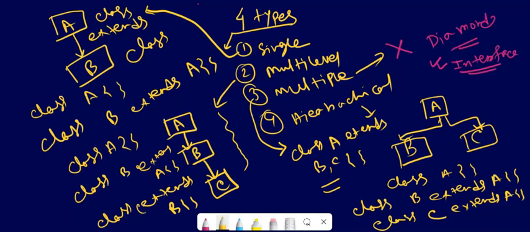If it does, Java will throw a compilation error, because Java doesn't support multiple inheritance using classes. You have to achieve it with the help of interfaces. That's the overall concept of inheritance and the different types of inheritance available in Java.